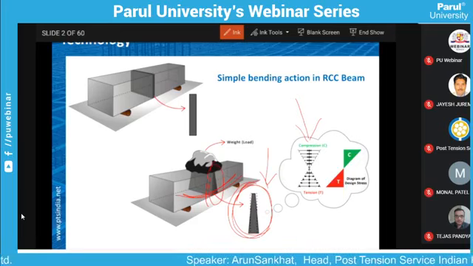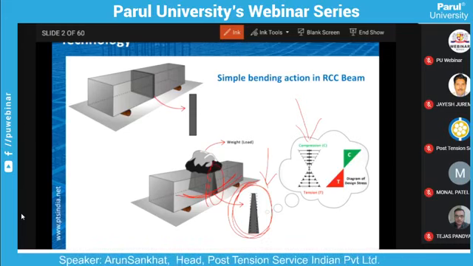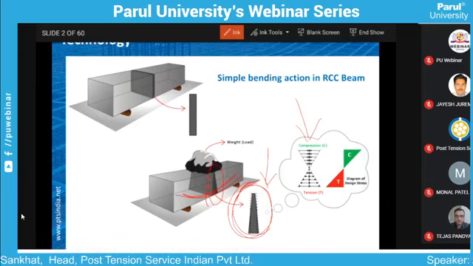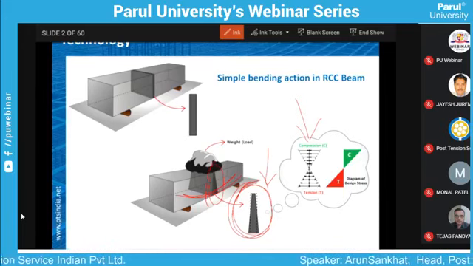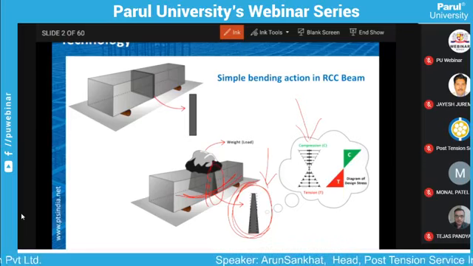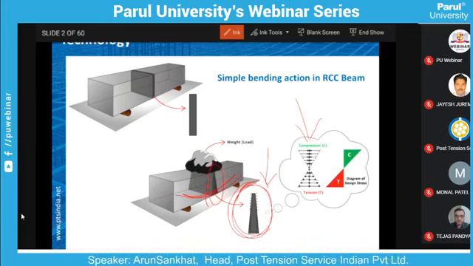So here, as you know, compressive stresses are generated at the top fibers, and the maximum tensile stresses are developed at the bottom fiber. And you have a transition between both of them. So you can join both the vertices, and you will get a stress distribution throughout the depth of that particular member.